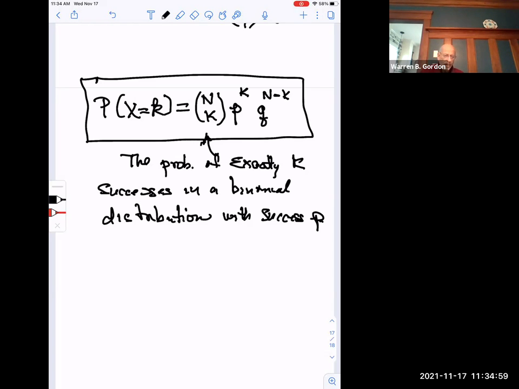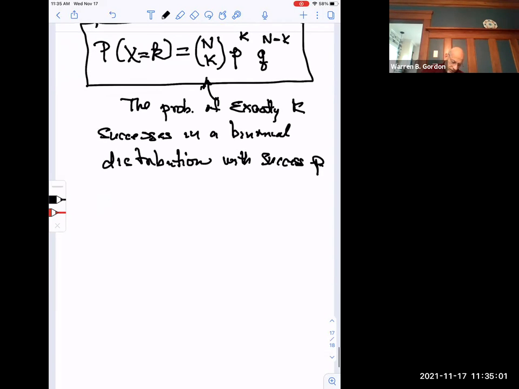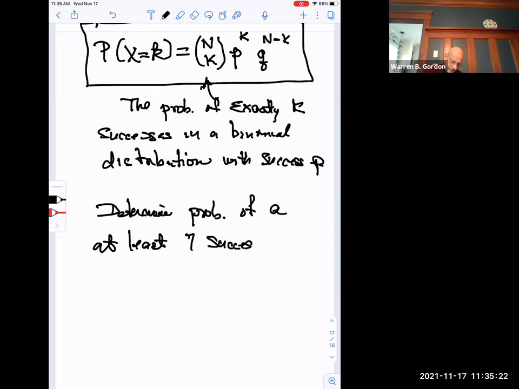So suppose I take the same problem now. I say determine the probability of at least 7 successes if a fair coin is tossed 10 times.